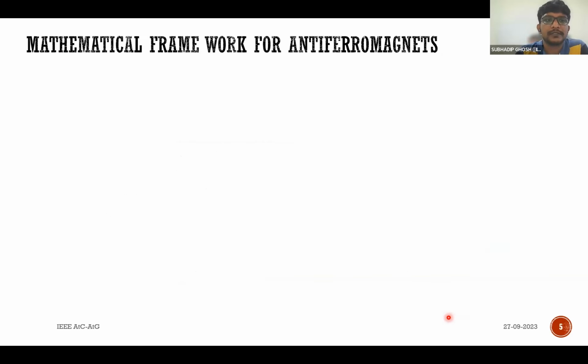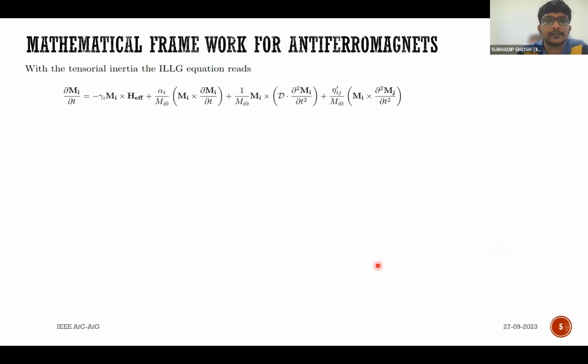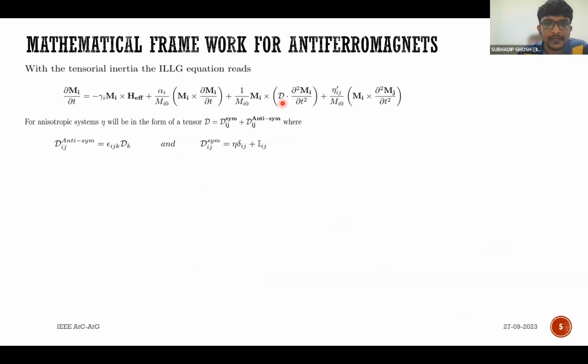My work is based on some mathematical formulation. I take the inertial Landau-Lifshitz-Gilbert equation, and to account for the anisotropy, I take eta as a tensor, denoted here by D, and I split the tensor into two parts, symmetric and antisymmetric, writing the antisymmetric and symmetric parts in this way, where Ij is the symmetric tensor and i and j are the two sublattices of the antiferromagnet.